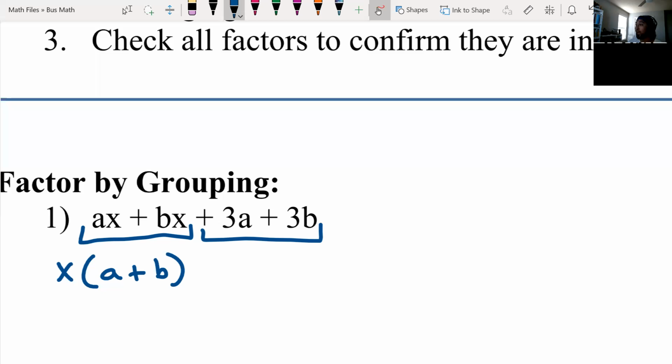And then look at 3a and 3b, and what's my greatest common factor there? 3. And it's a positive 3 at that. So if I take out the 3, I'm left with a plus b. Okay, we good so far?